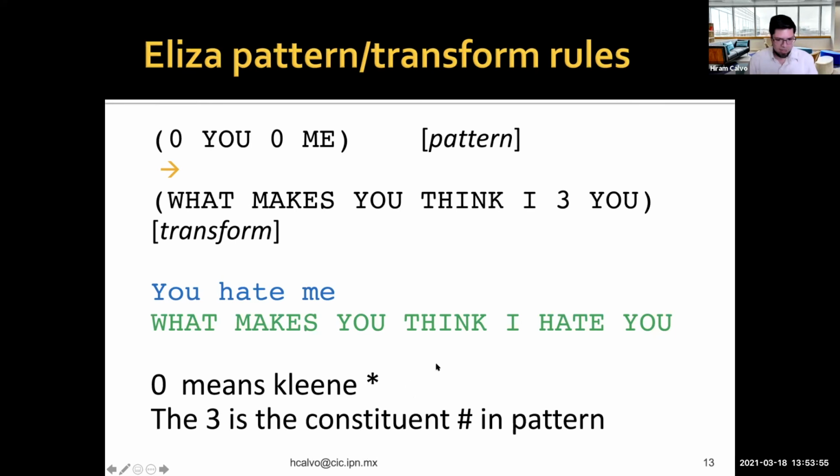So I hope that with this very short, very bad example, you have an idea of what I am asking of you. I want you to make these kinds of patterns and implement them in a very short program that talks to you. It will detect what you say to it, and it will give you back an answer depending on these patterns.